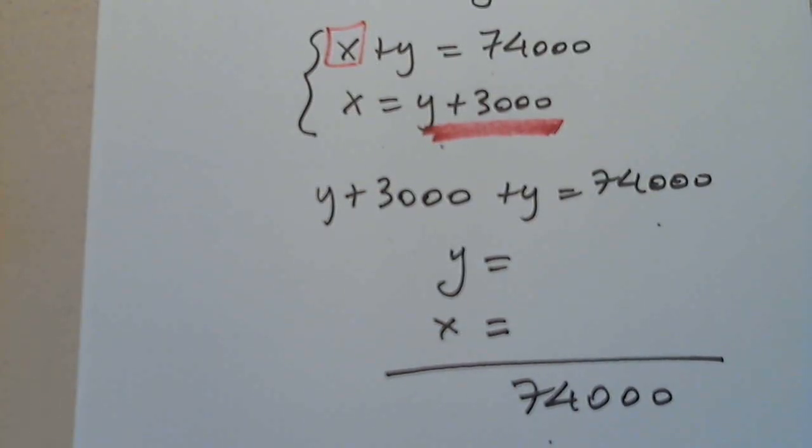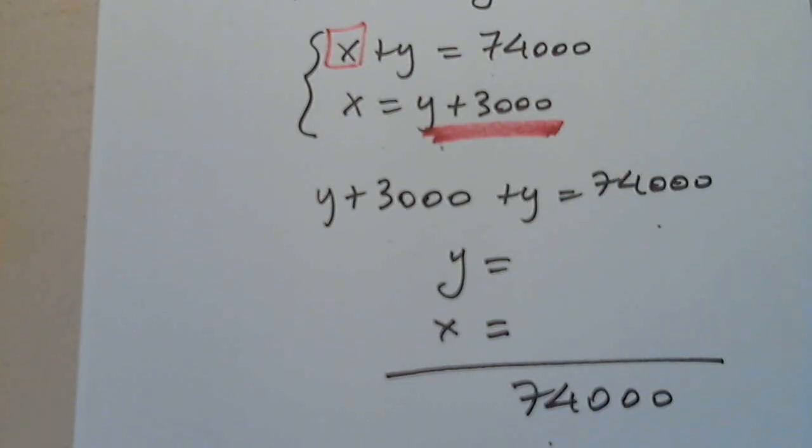So please tell me what you got for Y, what you get for X, and if they add up to 74,000.